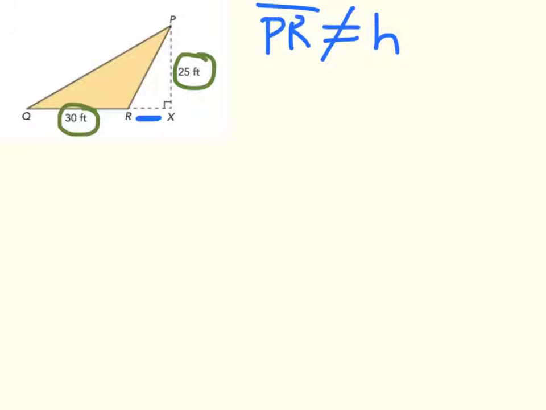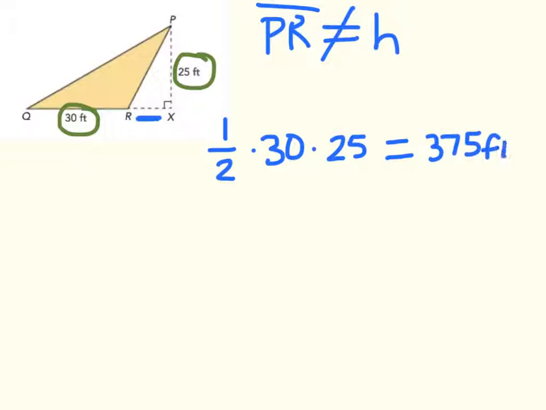All right, so now let's find the area of triangle PQR, knowing that our base is line QR, which is 30 feet long, and that our height is line PX, which is 25 feet long. So we want 1/2 times 30 times 25, which gives us an answer of 375 square feet.